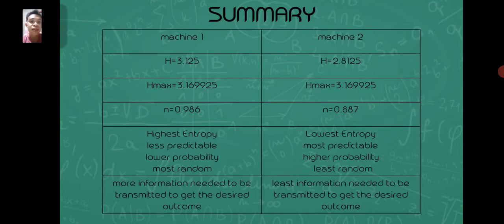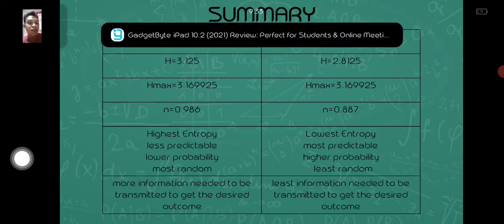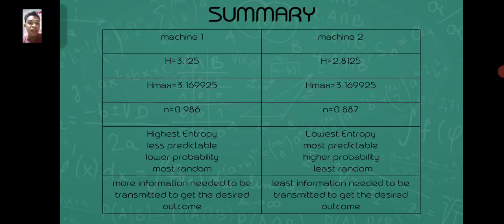Machine 1 has lower probability, machine 2 has higher probability, and machine 1 is most random, and machine 2 is less random. More information needs to be transmitted in machine 1 to get the desired outcome. Machine 2 needs less information to be transmitted to get the desired outcome.